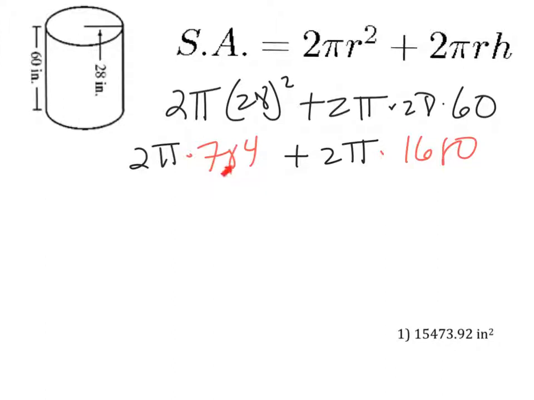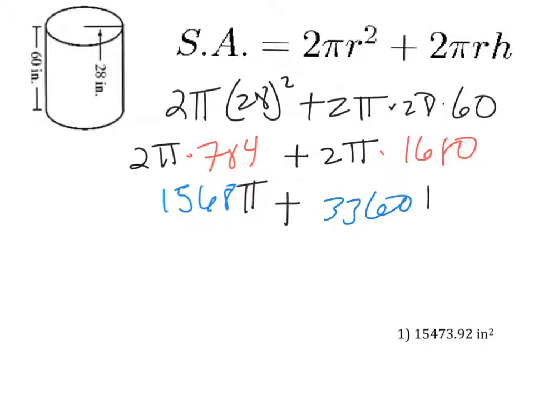Now I'm going to go back and multiply the numbers. So 784 times 2 is 1568. And still bringing along that pi for the ride. Don't lose the pi. Plus, and over here we're going to do the same thing. 1680 times 2. So that's going to give us 3360.